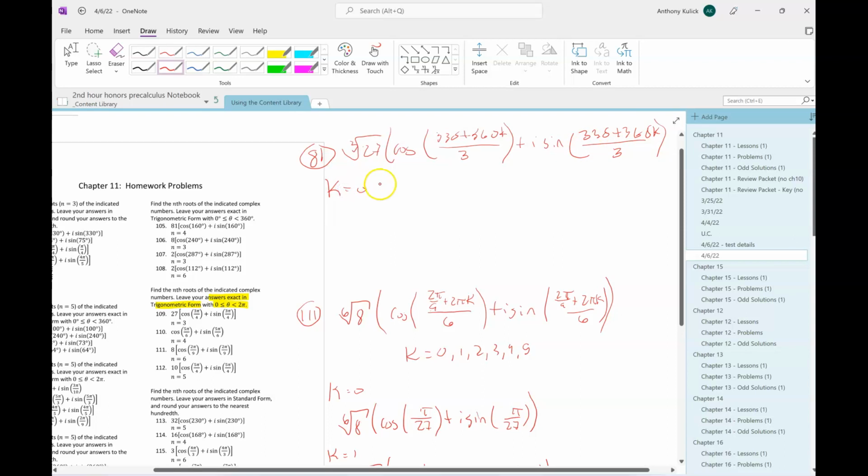So when k equals 0, I get 3 times cosine 110 plus i sine 110. And look, I'm going to do the calculator part all at the end, so I'm not toggling back and forth. When k equals 1, 3 cosine, I do 330 plus 360 is 690, divided by 3 is 230, I think.